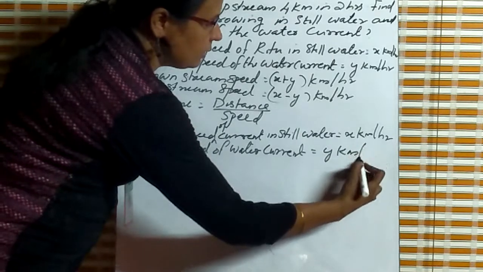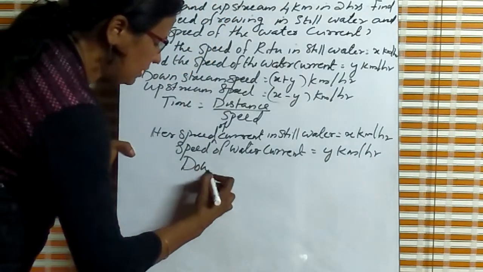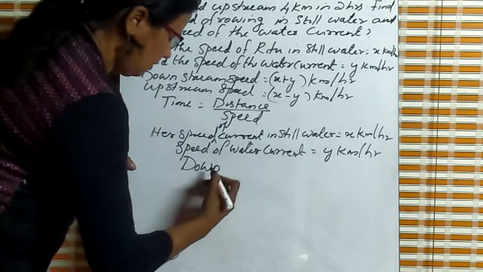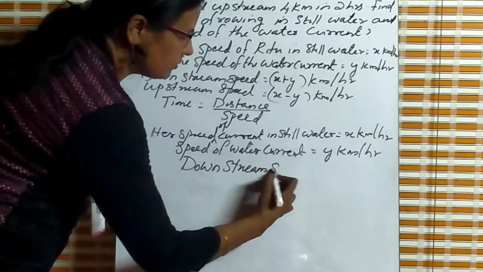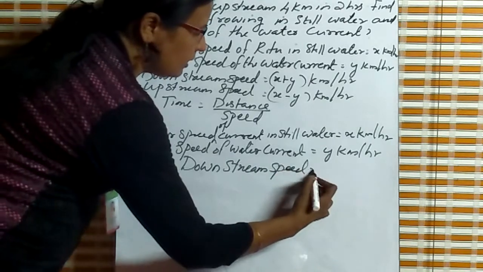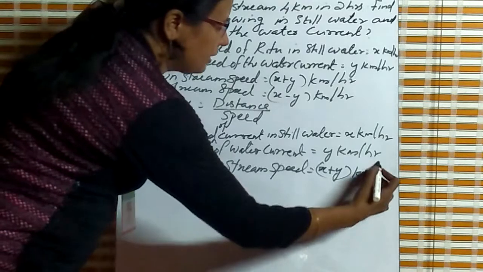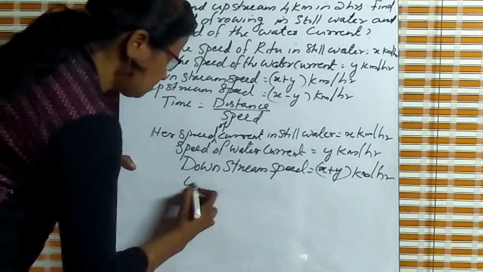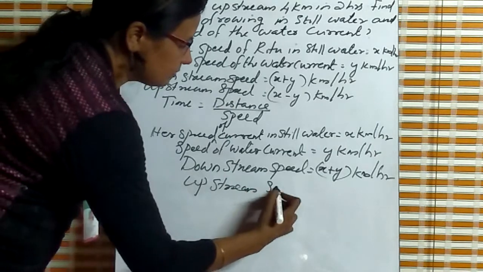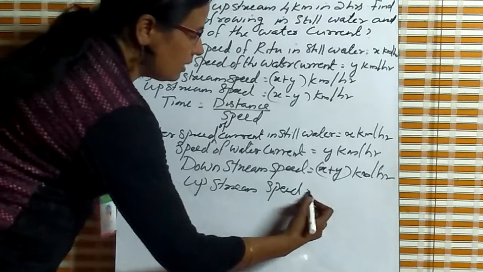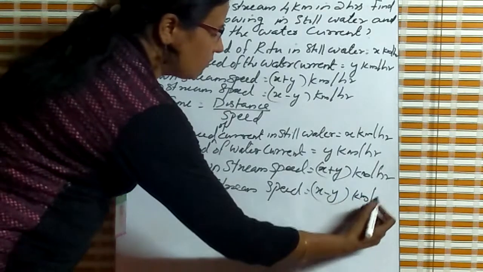Then we know the upstream speed and downstream speed. In the previous question, we learned downstream speed is equal to x plus y kilometer per hour and upstream speed is equal to x minus y kilometer per hour.